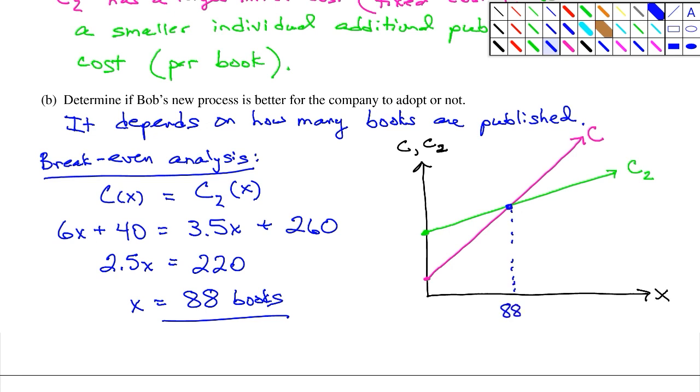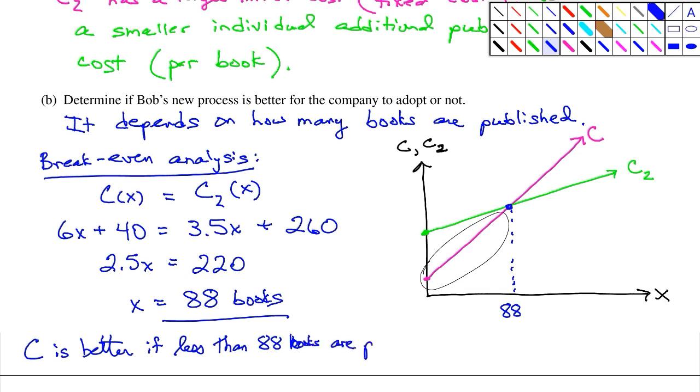And now we can answer the question. Which one is better and when? In this section right here, C has a lower cost. So C is better, cheaper in other words, if less than 88 books are published.